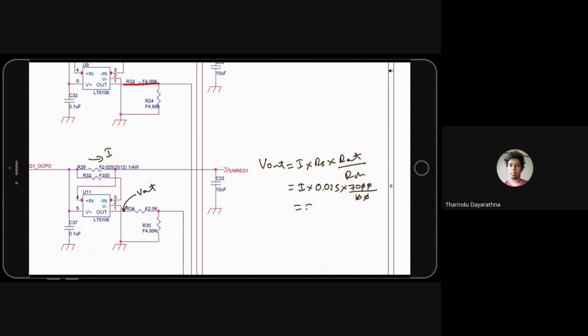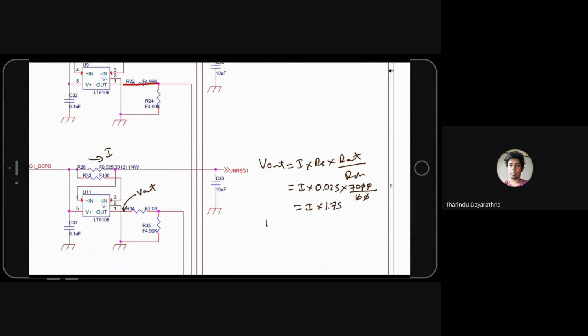So then 0.025 multiplied by 70 gives 1.75.